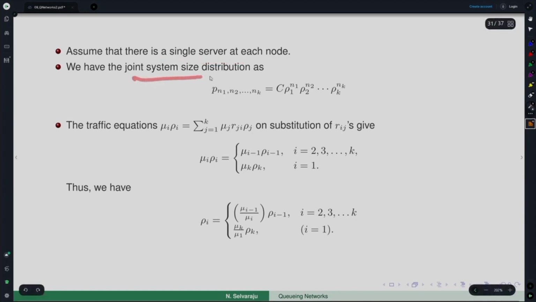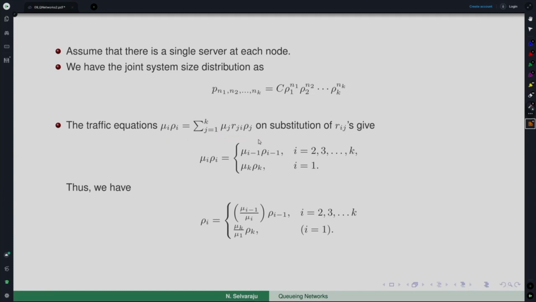Then we know the joint system size distribution would be a product form, which is basically some constant times rho 1 to the power n1, rho 2 to the power n2 and so on, rho k to the power nk. And the traffic equations, if you substitute the particular Rij's that we have here, would reduce to this for i equal to 2 to k, and for i equal to 1, which is mu 1 rho 1 equal to mu k rho k, is what you will get here.